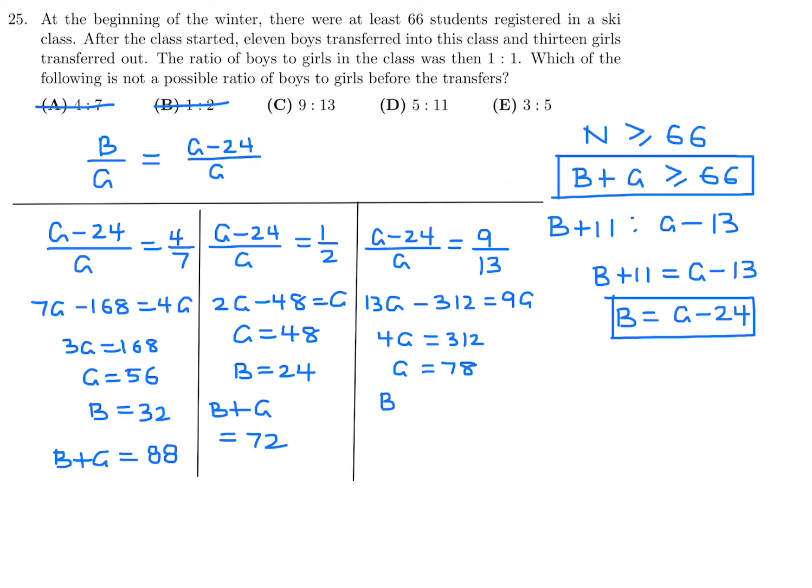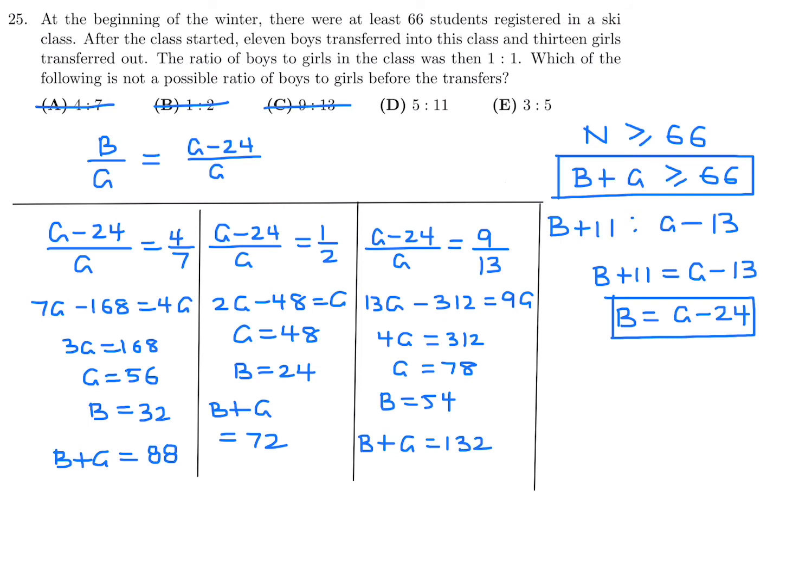And therefore B, if you substitute it back into there, would be 54. And therefore now we have to verify B plus G is 132. So it definitely satisfies that one. All right, great. They're making us work here. I think they purposely put the answer either D or E just to make us do more algebra.